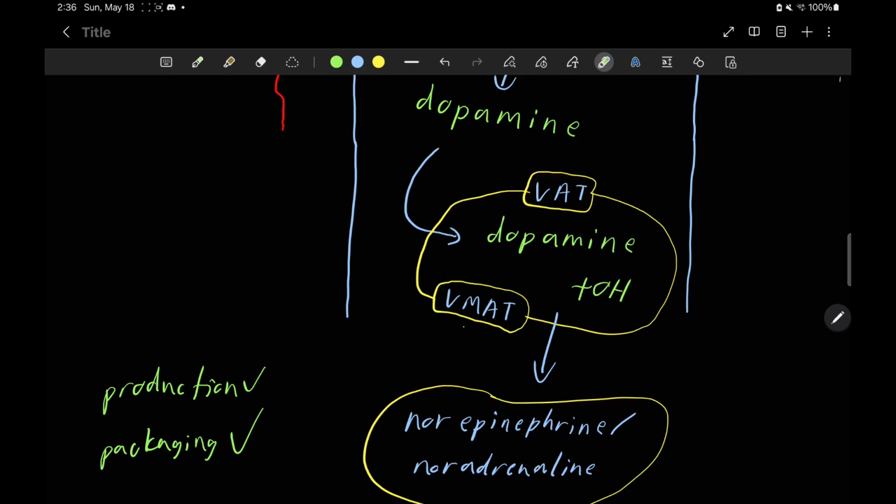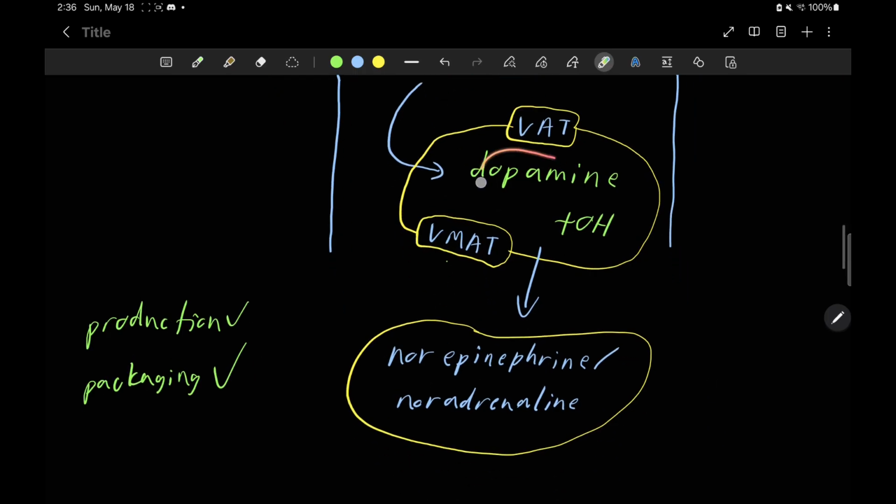So dopamine's already packaged. So when we turn dopamine into norepinephrine by adding this hydroxyl group, not only have we produced norepinephrine, but this norepinephrine is also packaged inside our vesicle. So we've killed two birds with one stone.